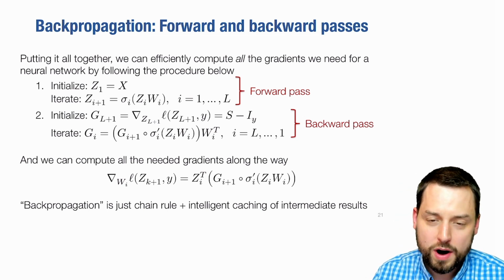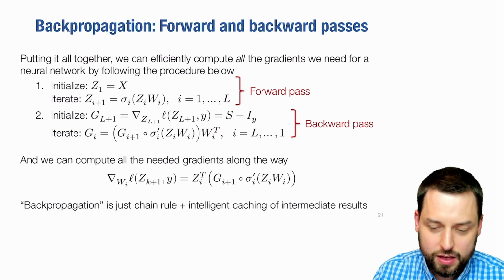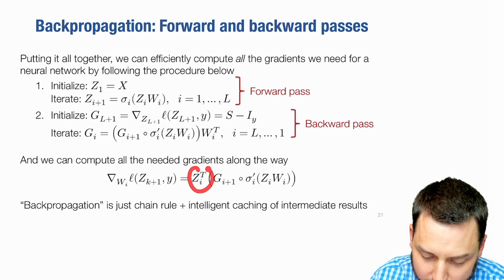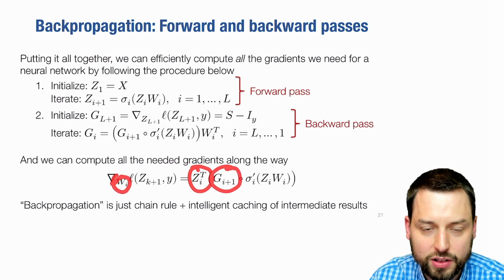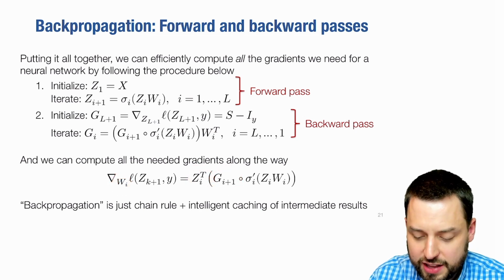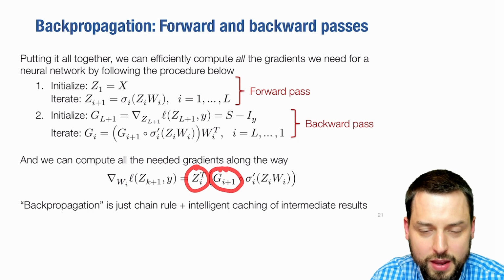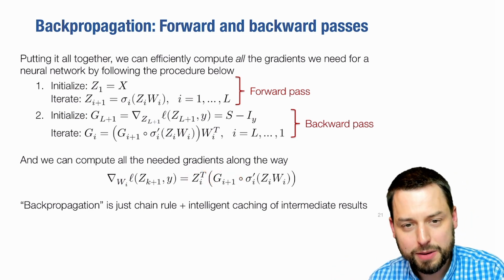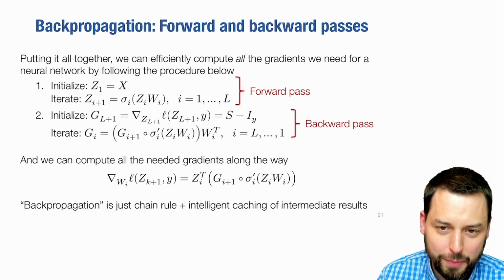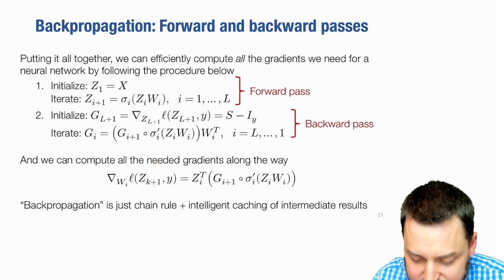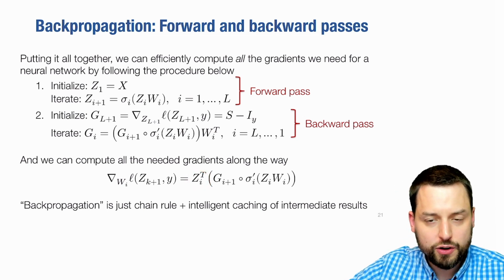Now, one important point I want to highlight: let's look at the form that is required to compute the gradient of our loss with respect to Wi. Notice that it contains terms both zi and gi. What this means is that we can compute this gradient along the way in our backward pass, but we had to store the zi's. We can't throw away any of the intermediate terms in the forward pass.